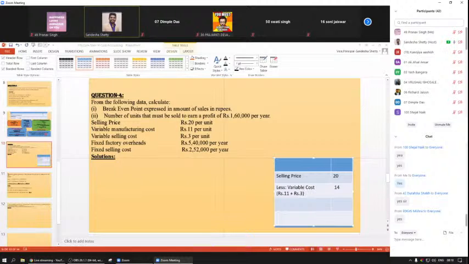What is the amount of contribution? 20 minus 14, ₹6. So the contribution amount is ₹6. Is it correct, students?